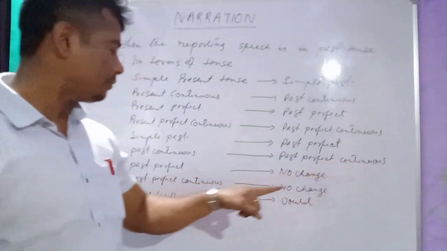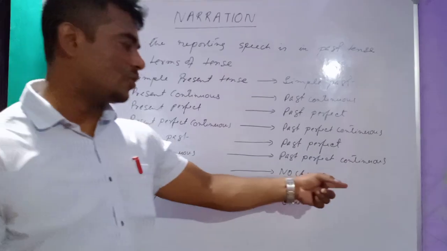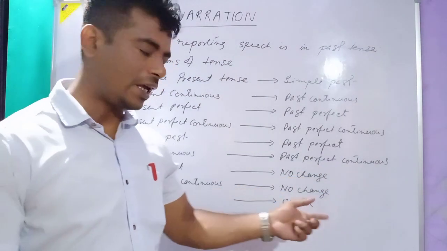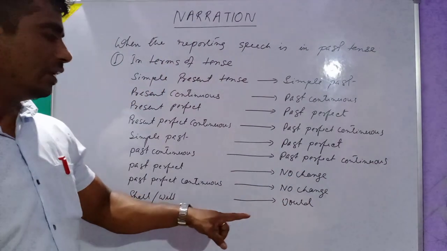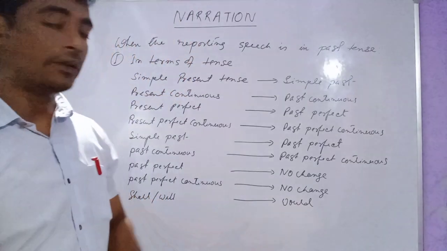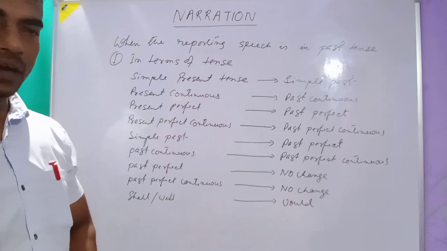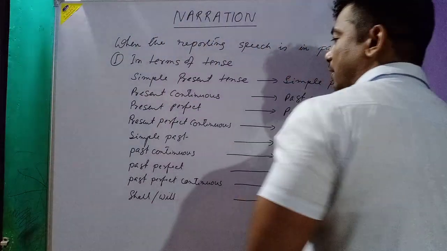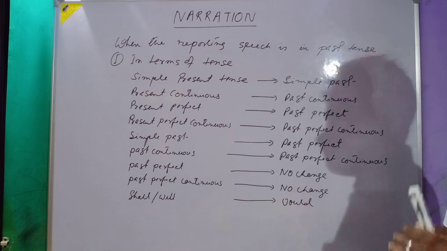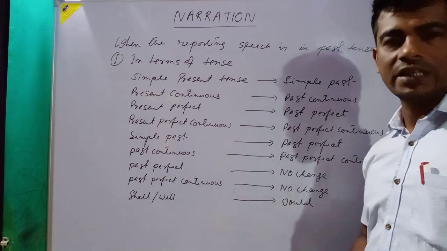Then past perfect never changes. Past perfect continuous never changes. And shall and will change to would. Now some other changes are there. I would like to show you what other changes take place. This is in terms of tense only, not in terms of place or time.